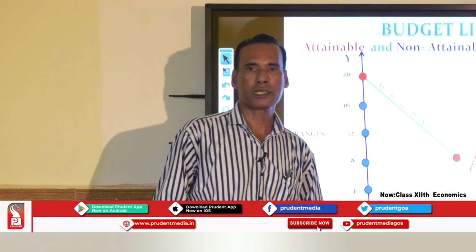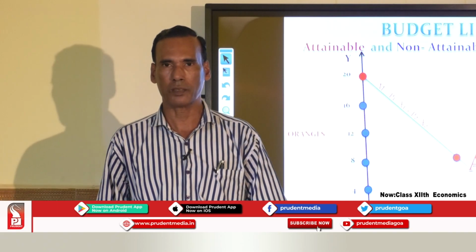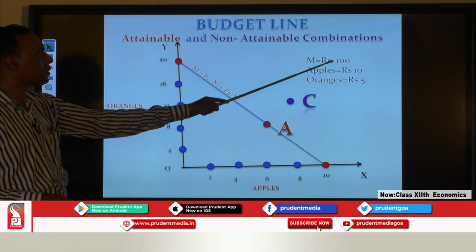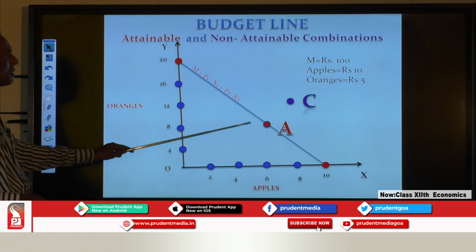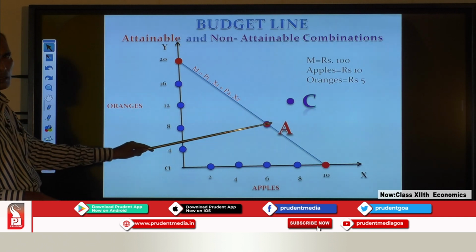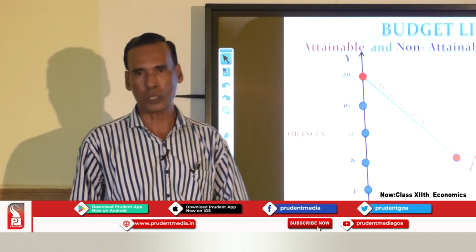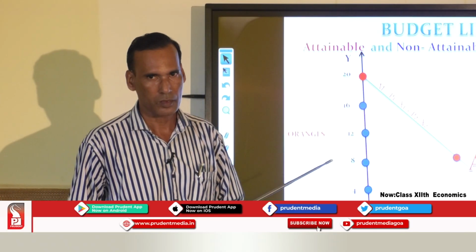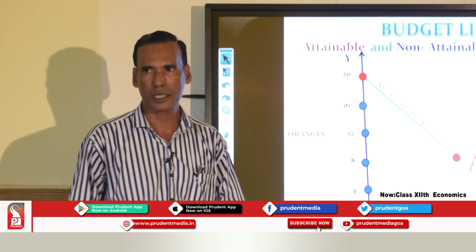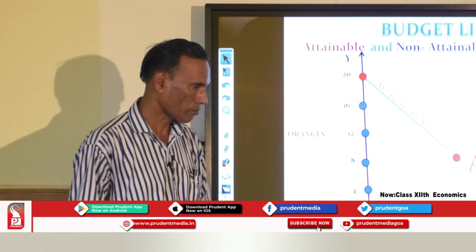So 60 plus 80 will give you 140. The income of the consumer is 100. Is that clear? 40 rupees are in excess, which the consumer doesn't have. So this is an unattainable combination.